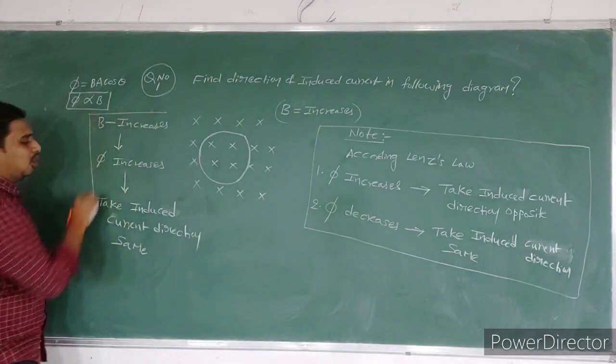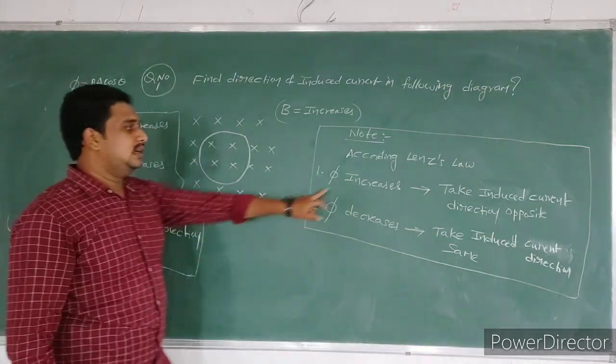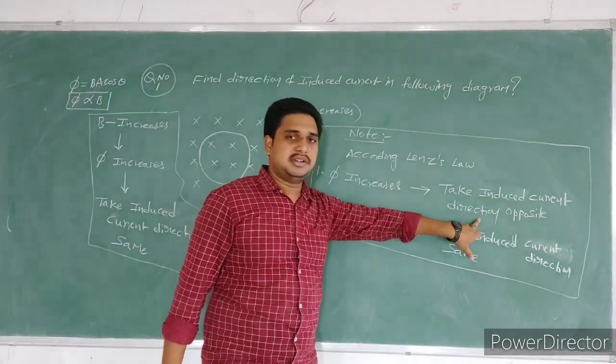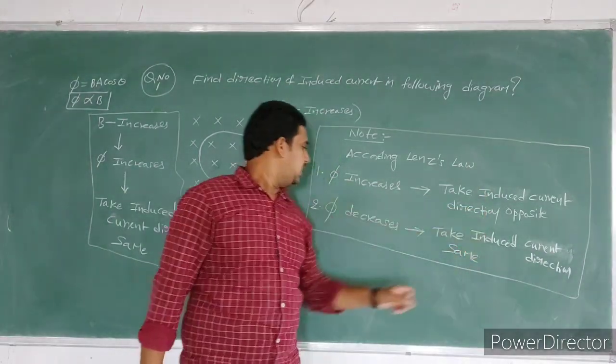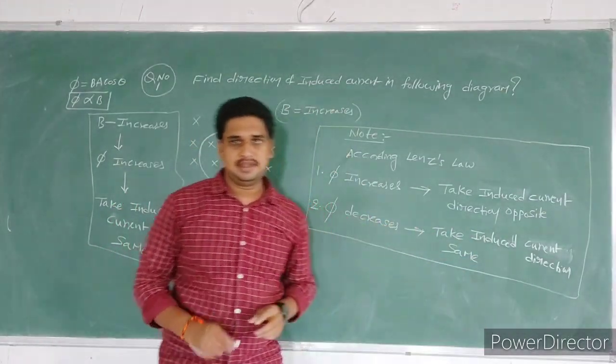Now you may have a doubt: why do we take the induced current direction opposite if flux increases? And why do we take the induced current direction same if flux decreases?